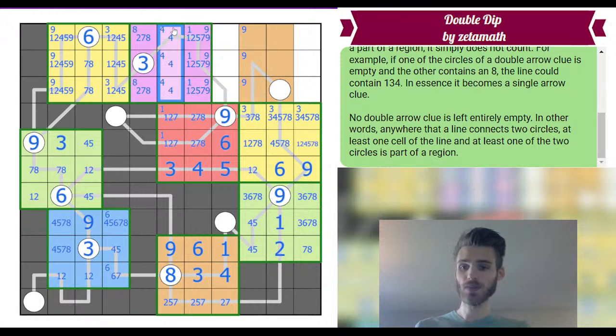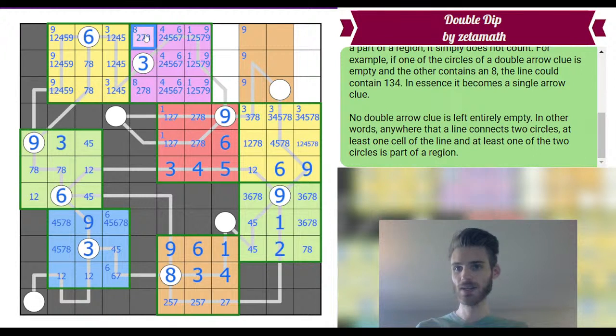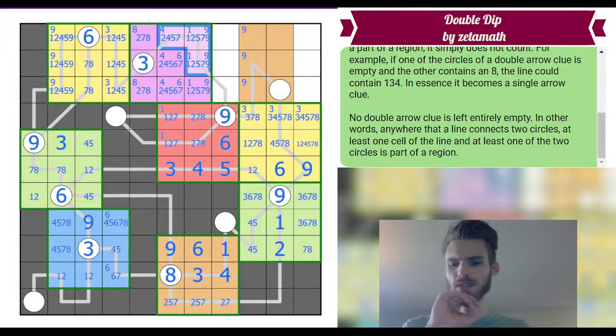I guess this is 4, 2, 7, 5. And 6, and 6. Don't forget about 6. No 6 at the top there. This puzzle is giving me quite a run for my money.